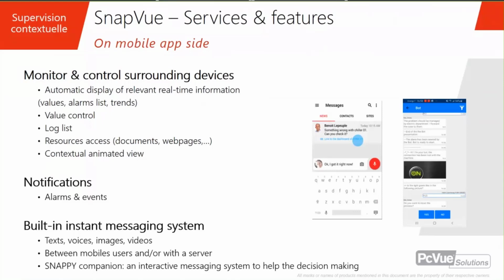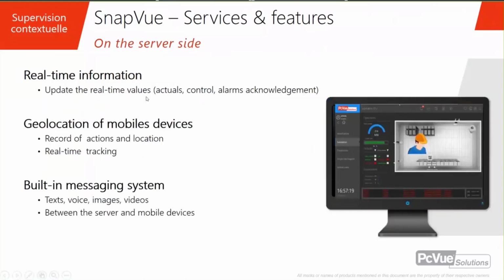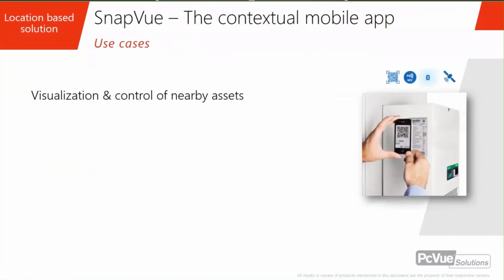Also on the server side, as I said, you can have real-time information updated from the SnapView user. You can geolocate the mobile devices and record actions and location. And once again, you have the built-in messaging system. So for some use cases, it's possible to visualize and control devices with no HMI, for example.